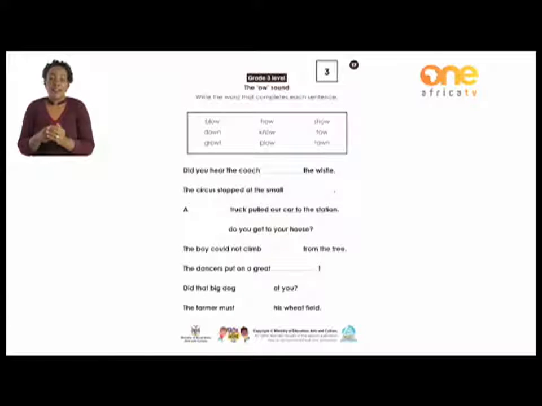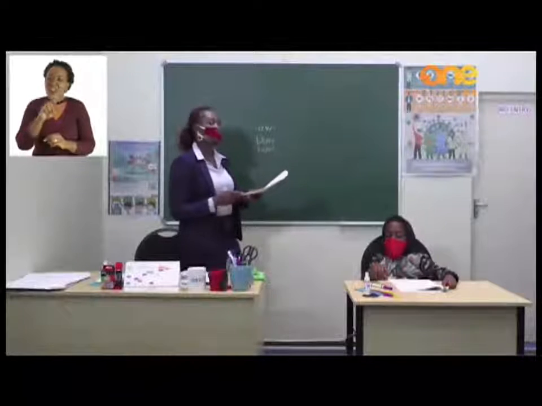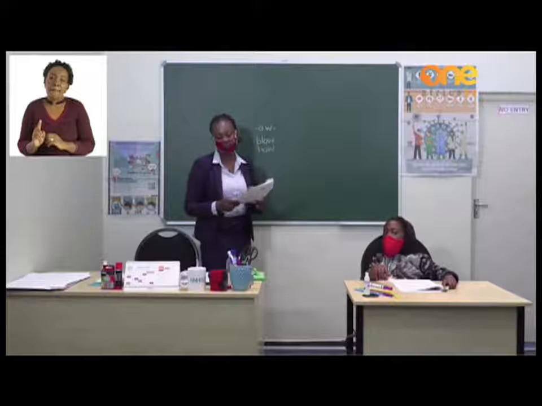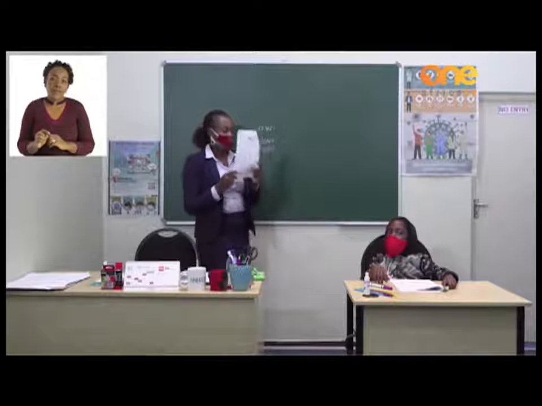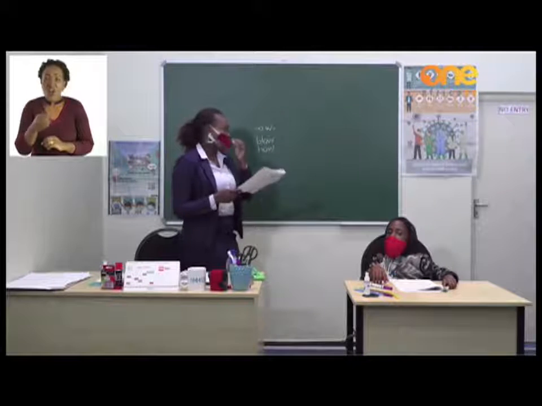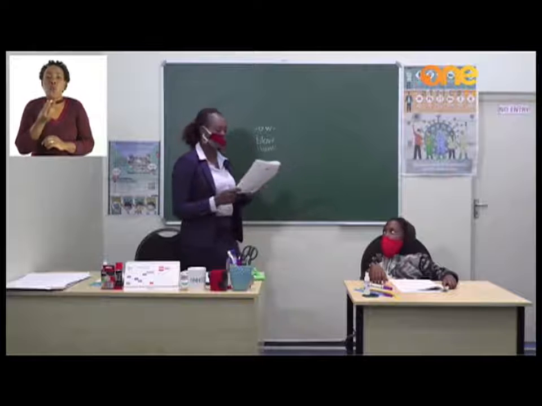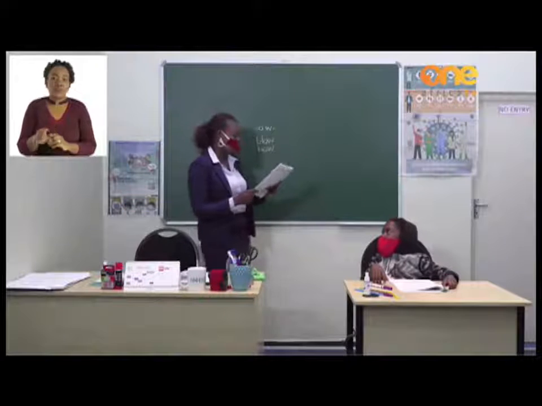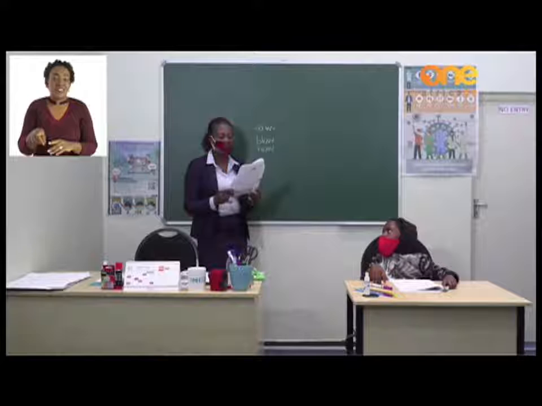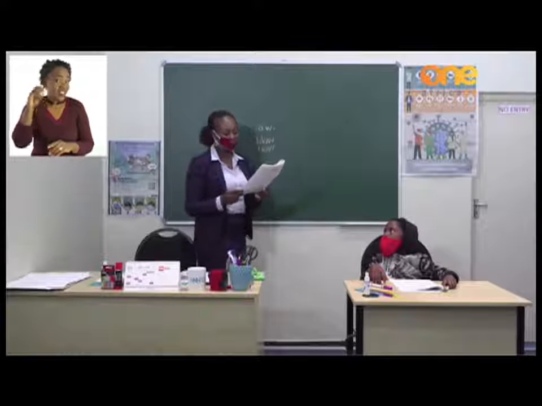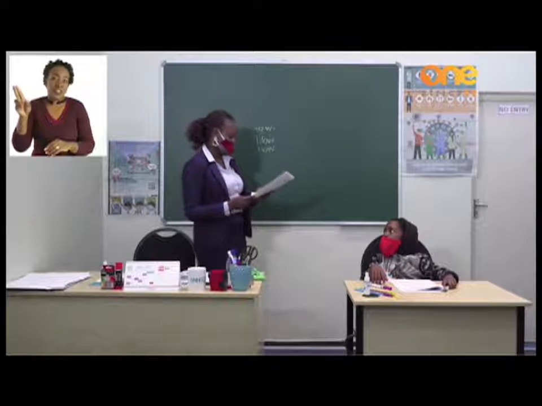Let's do the first one and the second one. Did you hear the coach dash the whistle? What is the answer for the first question? The answer is blow. The coach blows the whistle. So we say, did you hear the coach blow the whistle? Okay?